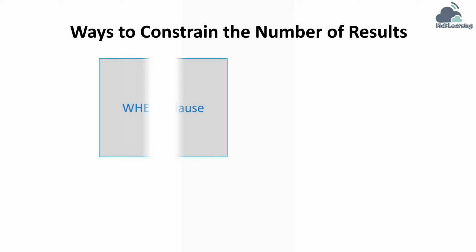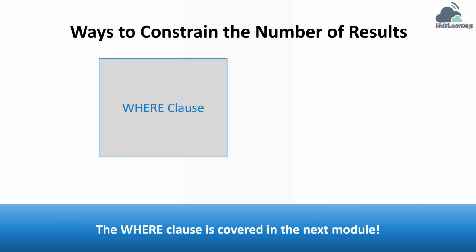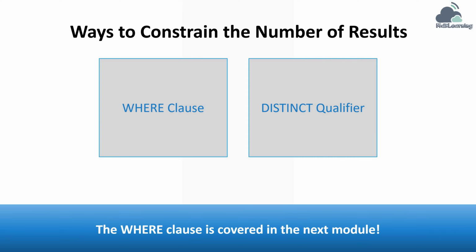And so there are really 2 ways to constrain the number of results. One way is to add a where clause to your select statement. The where clause we're going to cover in detail in the next module. So I'm going to cover the other way that we can constrain the number of results, and that's by using the distinct qualifier.